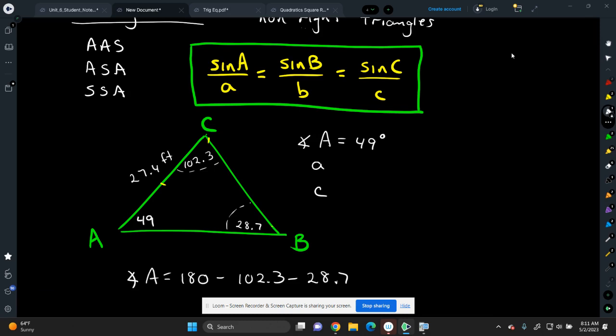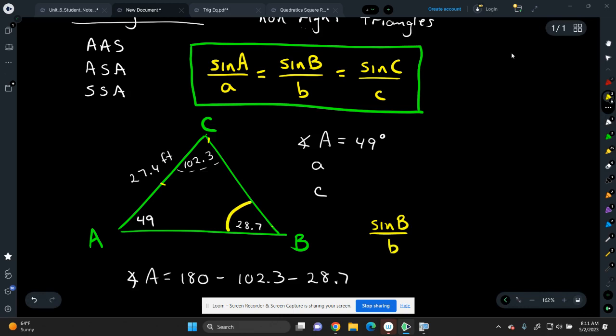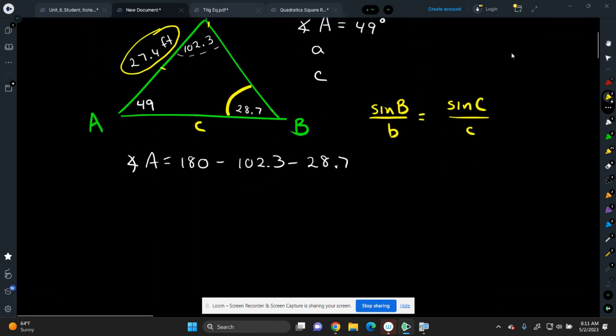Okay, now to find the sides, we have to use the law of sine. So I'm going to use sine B over B because they gave me these two values, right? So I'm definitely going to use the B. And I'm going to look for side C. So this will be equal to sine C over C. That's the proportion I'm going to use.